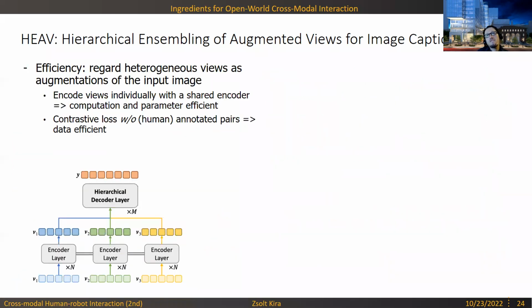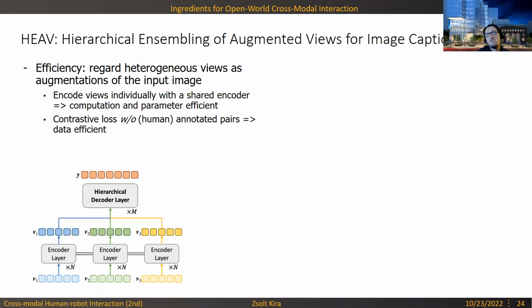And so we have several novel or interesting additions here to the architecture. In terms of efficiency, we treat heterogeneous views as augmentations of the input, and we encode everything with a shared encoder. And when you view everything as an augmentation, you can also do something cool, which is contrastive learning.